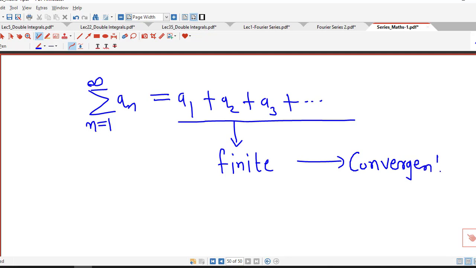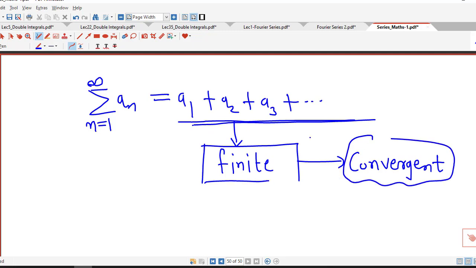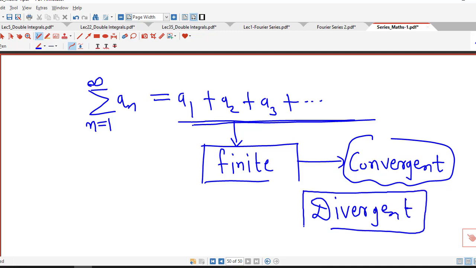If the infinite sum is not finite, the series is known as divergent. So our aim in this chapter is to decide whether the sum of an infinite series is finite or not, that means whether the series is convergent or divergent.